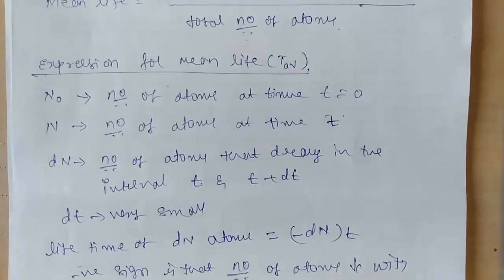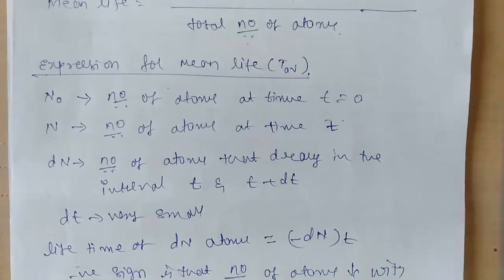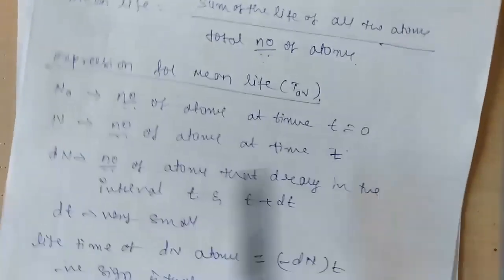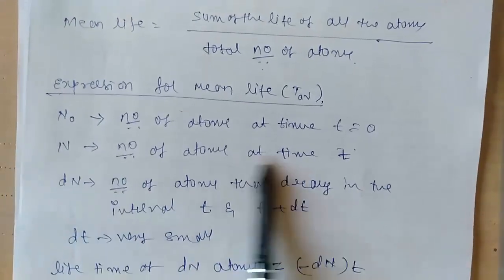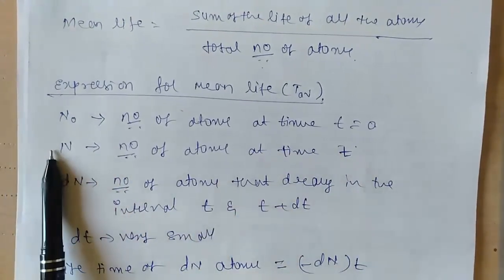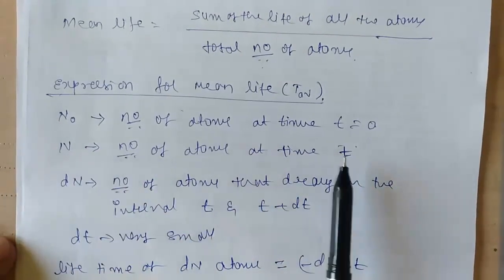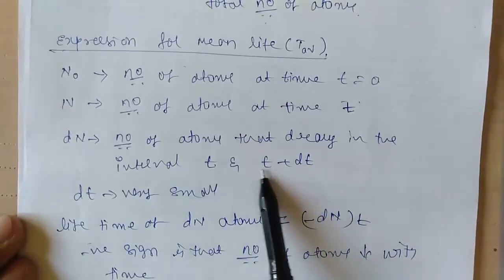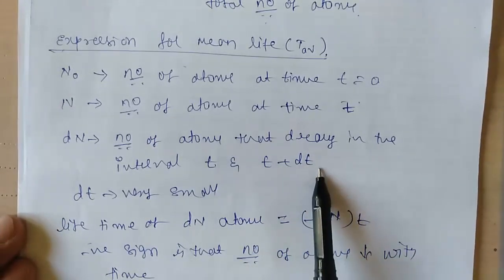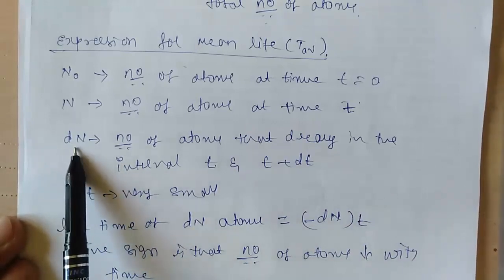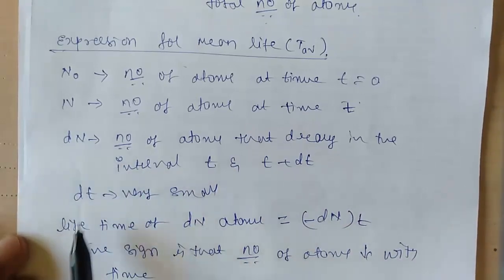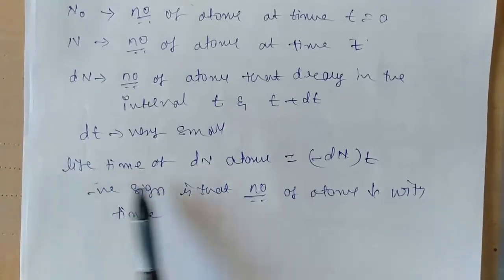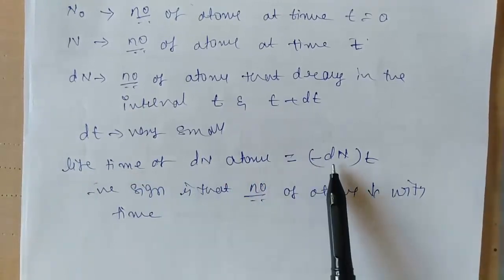Let us look once again at the assumptions. Let n0 be the number of atoms at time t equal to 0, and let n be the number of atoms present in the radioactive sample at some instant t. In the time interval t to t plus dt, dn atoms decay. If dt is very small, the lifetime of dn atoms equals dn into t.